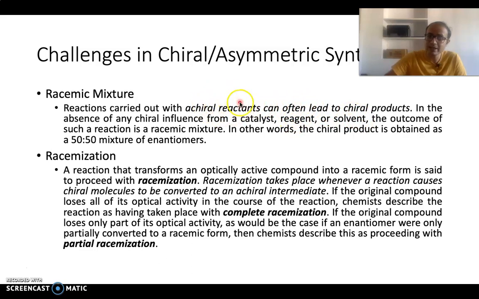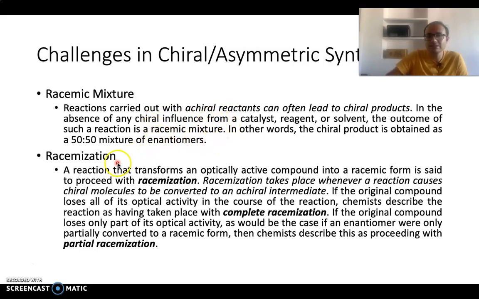If you do not have any outside source that can control the stereochemistry at the new chiral center, the reaction will lead to a racemic mixture. The chiral product will give equal amounts of the plus isomer and the minus isomer. When you get such a mixture containing equal amounts of both enantiomers, we say that we have got a racemic mixture.